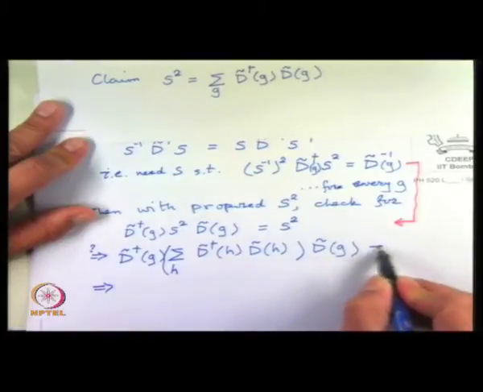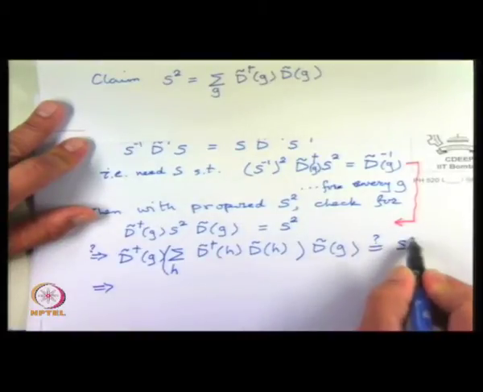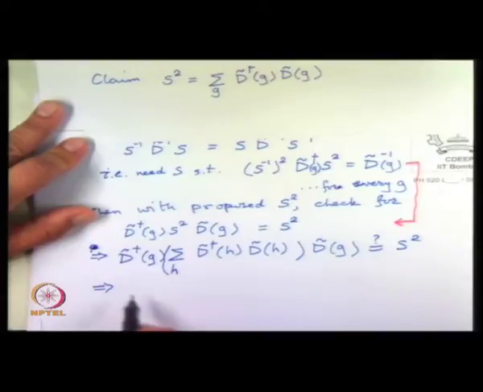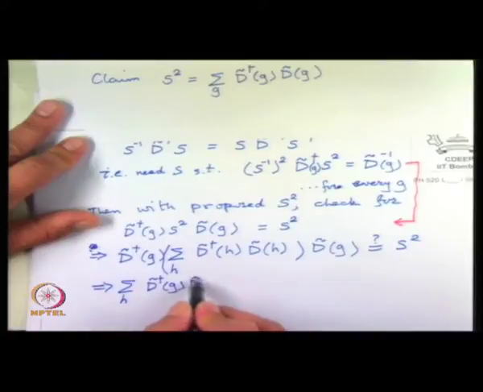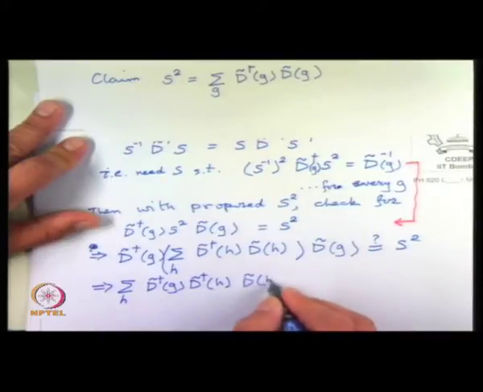So this is the question, is it equal to S squared? And then once we take it inside, it becomes summation over H. Then we have D tilde dagger G into D tilde dagger H and D tilde H D tilde G.